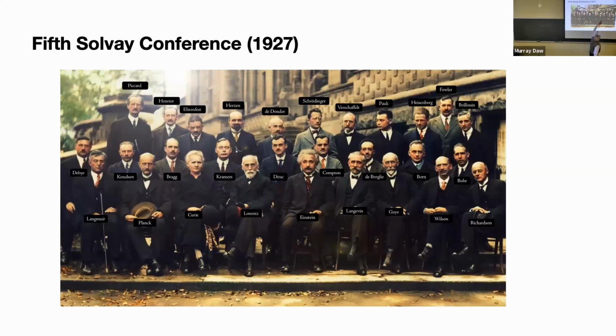Pauli, we haven't talked about much, but we will next semester. Heisenberg is up there, very young Heisenberg. Bohr is over here. So they're not all there. There are some notable people missing, but these are some of the most famous physicists of the era, all together in one place for a couple of weeks to talk about quantum mechanics.